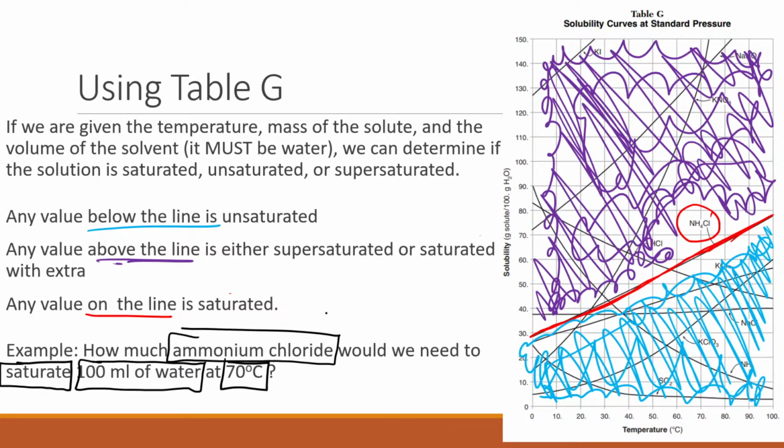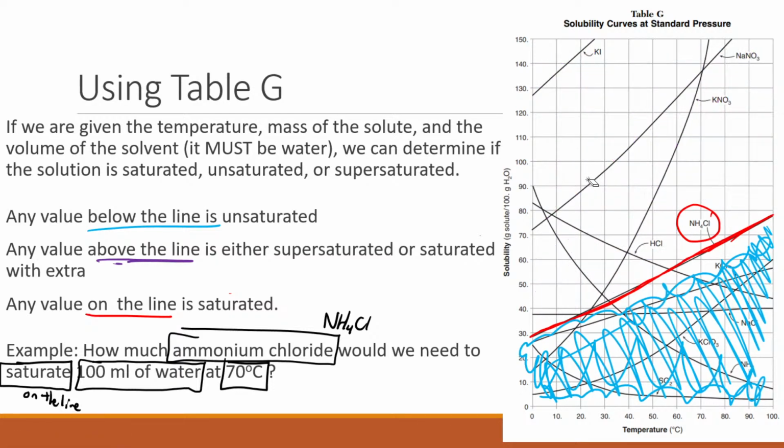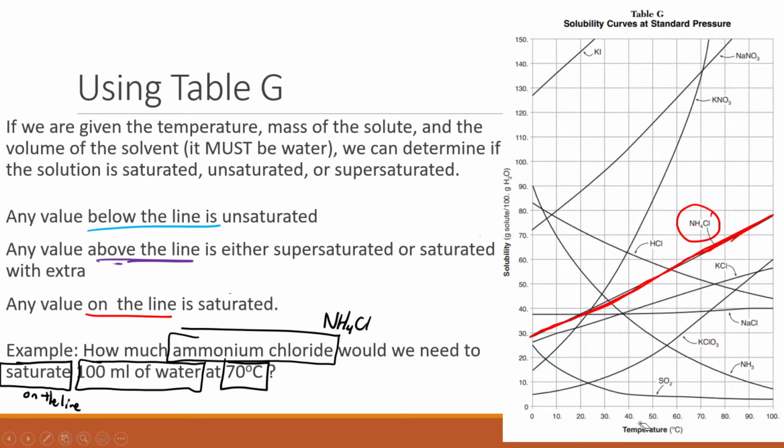I want it to be saturated, so I want it to be on the line. So I'm going to get rid of the purple and the blue here. I see 70 degrees Celsius, so I'm looking here. And I want to see where this intersection is. All right, and I'm going to read this across with the best straight line I can muster. And I see that that would be 62 grams.